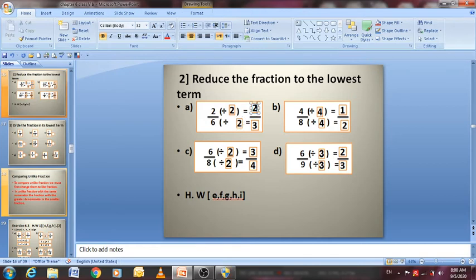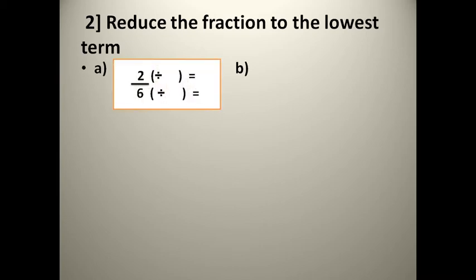So what is the answer? Here it will be 1 and here it will be 3. So if you divide 2 by 2, it is 1, and 6 by 2, it is 3.